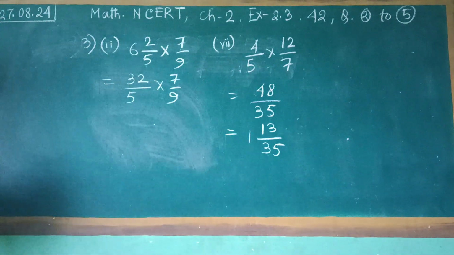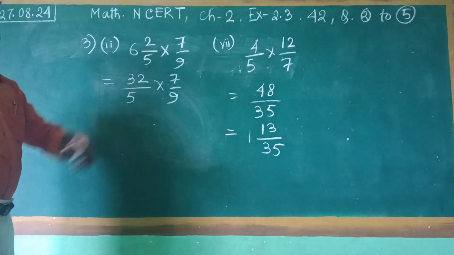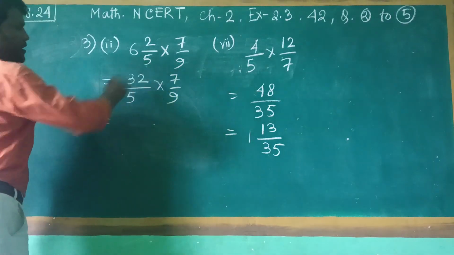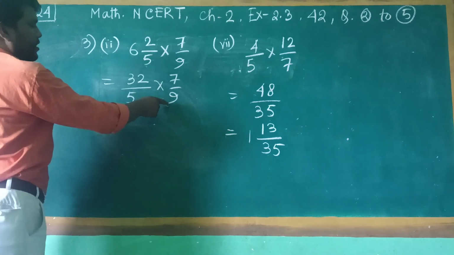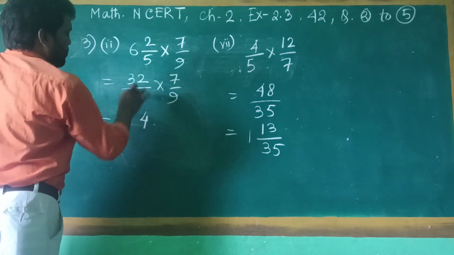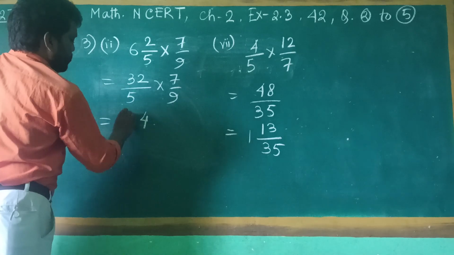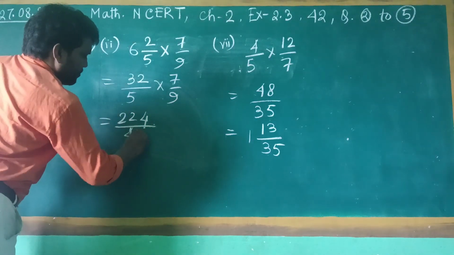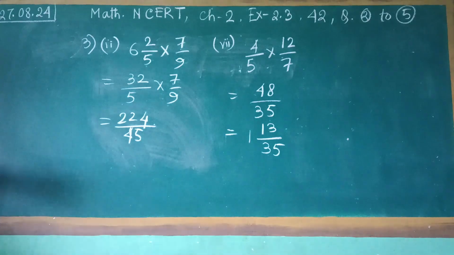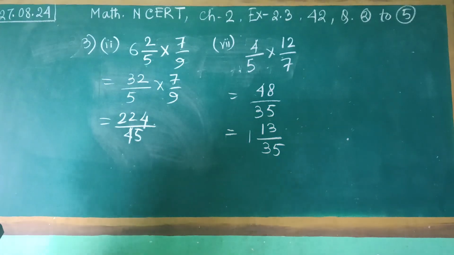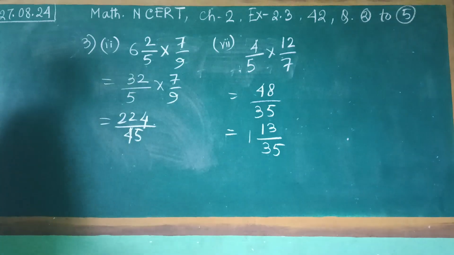Is there any common factor between the numerator and denominator? No common factors. So multiply numerator with numerator, denominator with denominator. 7 times 32 is 224, 5 times 9 is 45. Now convert into a mixed fraction, or you may not change it.